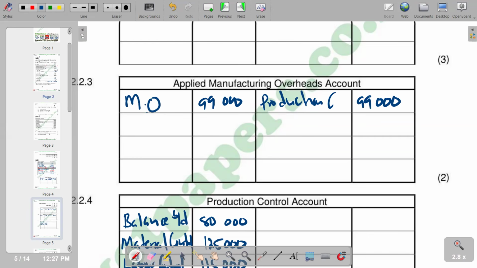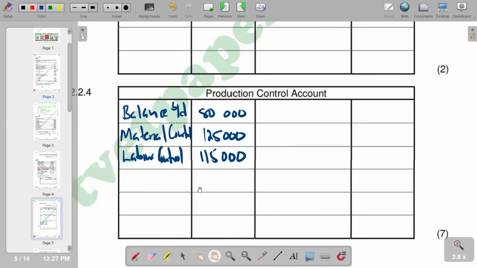So we are supposed to transfer this figure to the production control. We go to the debit side, and of course, it's coming from applied overheads of 99,000. So basically, that's what we have for that part.